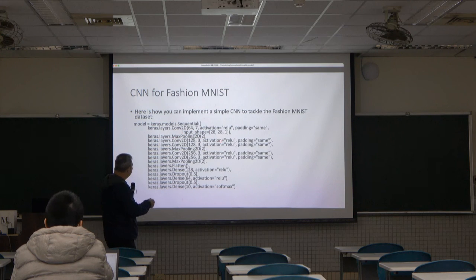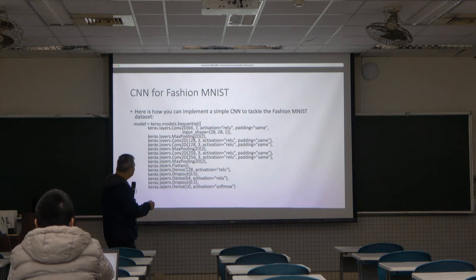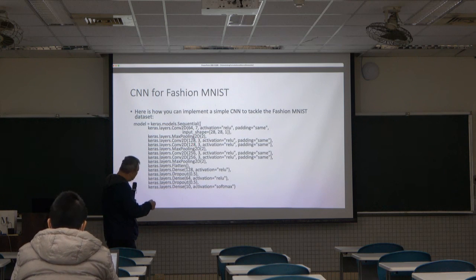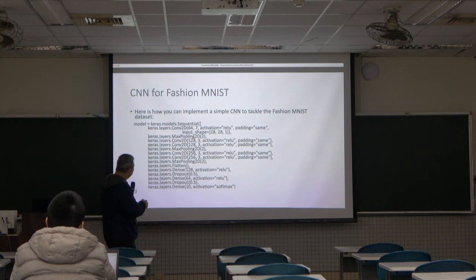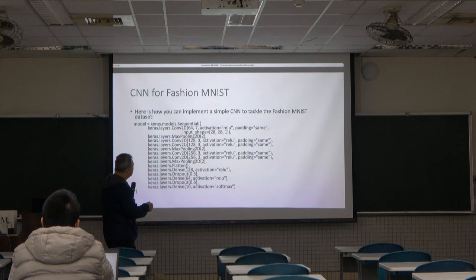Then this is immediately followed by a MaxPooling2D, so we shrink the width and the height by a factor of 2. Then we apply 2 convolutional layers with the same padding, still using ReLU. Because we already shrank the width and height by 2, we can afford to have many more feature maps, so the number grows from 64 to 128.